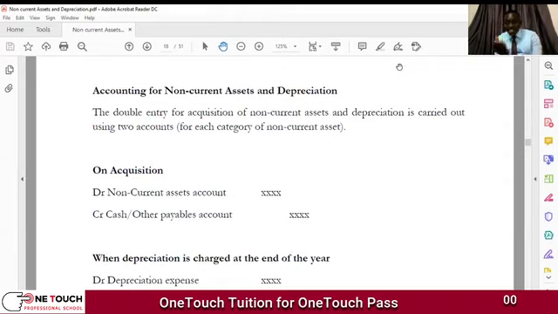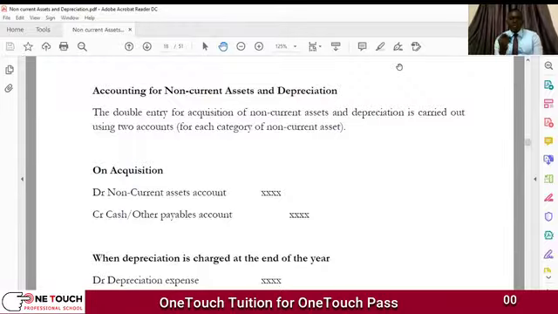Good. So on acquisition of assets, either the company is paying cash for the assets that they have acquired, or they are buying on credit. On acquisition, the asset needs to be debited because the asset has become their own.